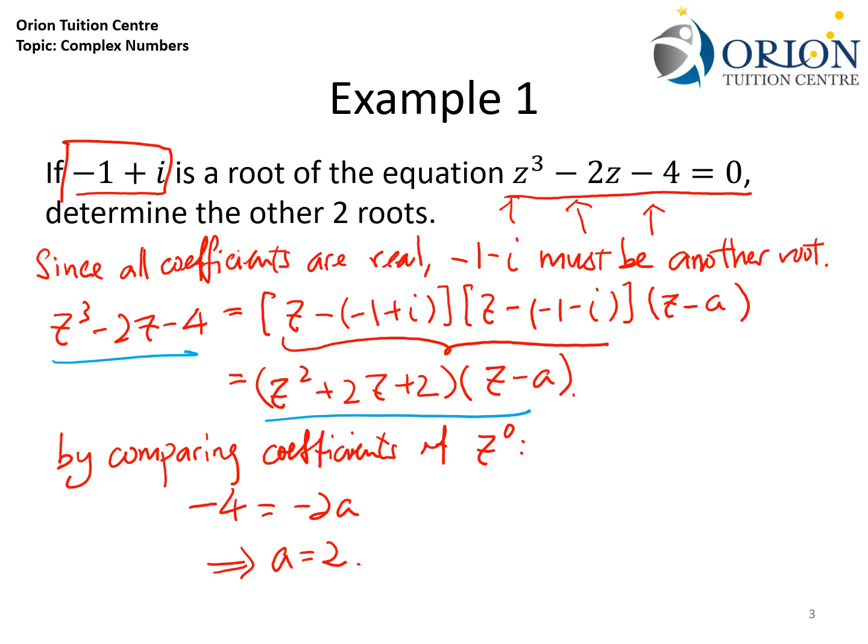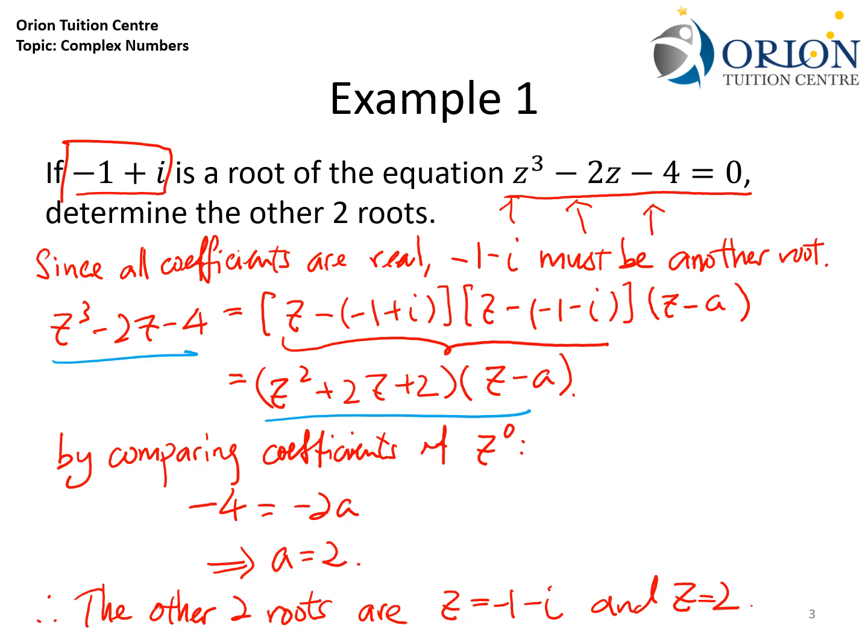And we can conclude by saying that the other two roots are z equals minus 1 minus i and z equals 2.